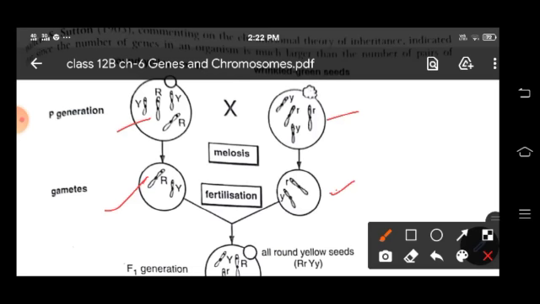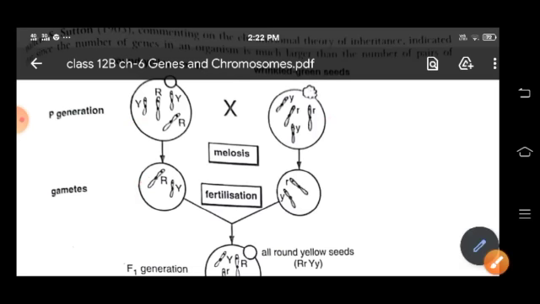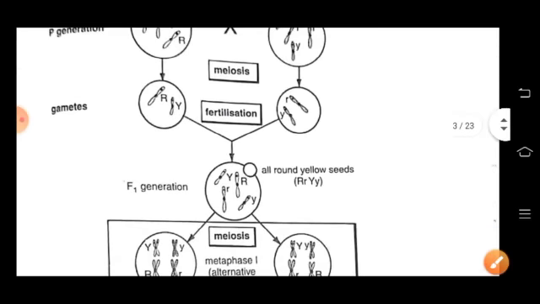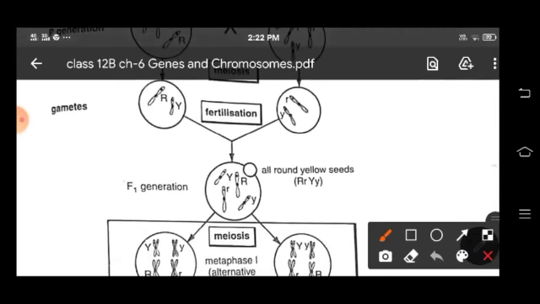After fertilization, in the F1 generation, the seeds are all round yellow.